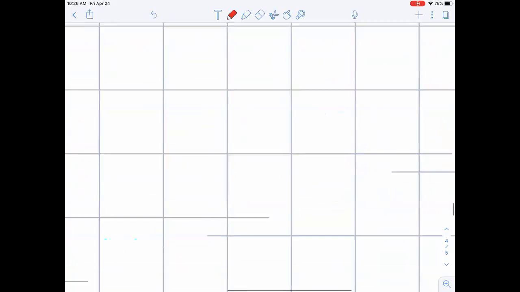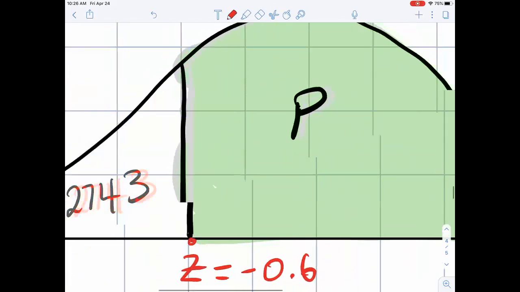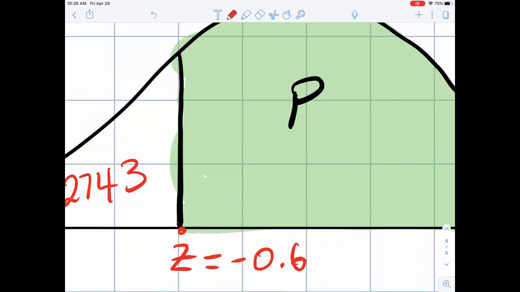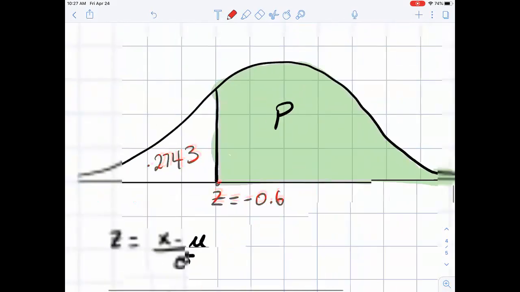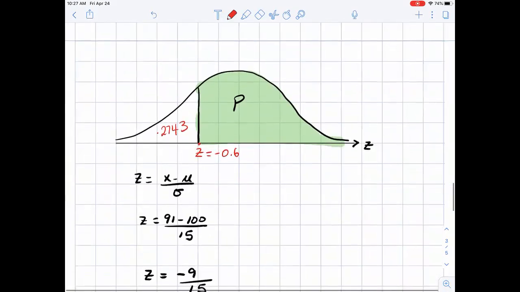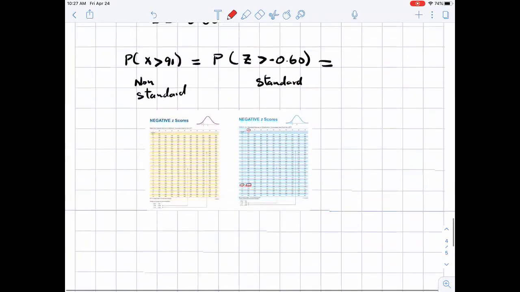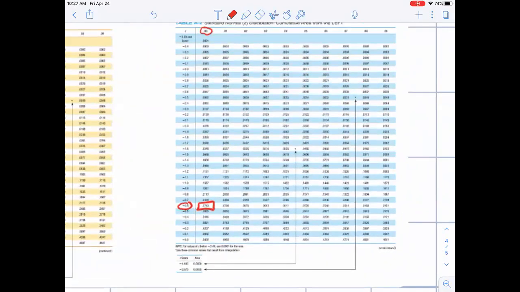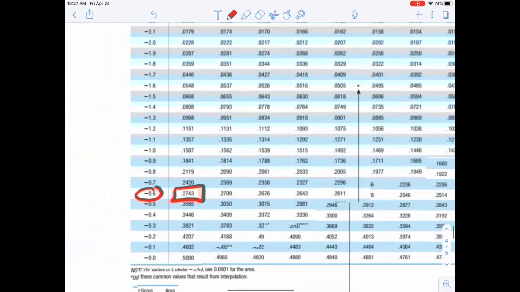So how do we find this shaded area here? To find the shaded area, this has to be 1 minus 0.2743.